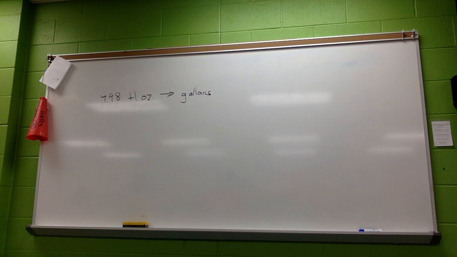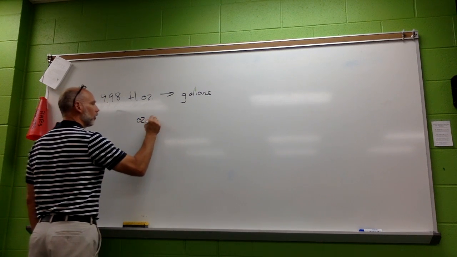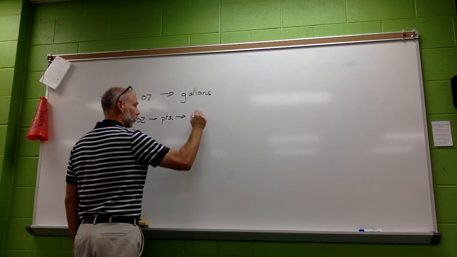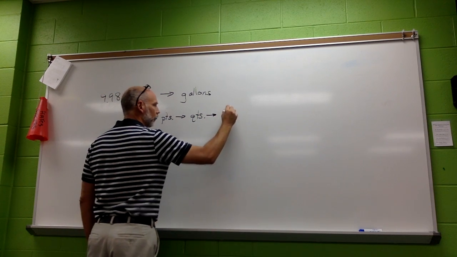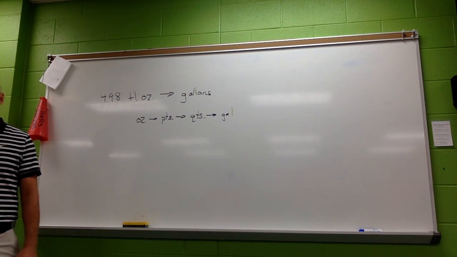You can convert the pints to quarts to gallons. Could go from pints to quarts to gallons, right? How many ounces are in a pint? Okay, so you're saying that we can go from ounces to pints to quarts to gallons because you feel pretty comfortable with that idea. Would anyone like to offer up another opportunity?